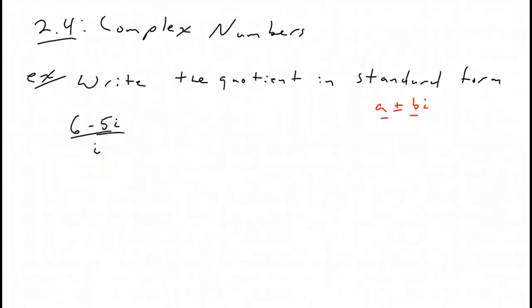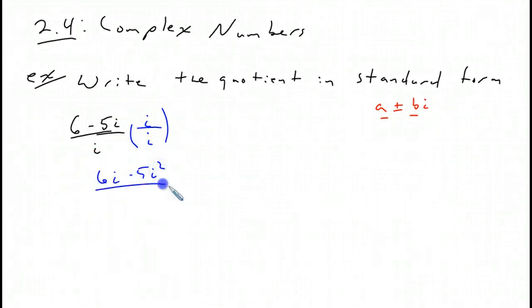Okay, this last one I'm going to look at for your 2.4 notes. In order to get rid of this i on bottom, this one is just a matter of multiplying both top and bottom by i. So I'll have 6i minus 5i squared all over negative 1. I'm going to go ahead and make it negative 1 because i squared is negative 1, i times i is negative 1. So just saves me some rewriting.